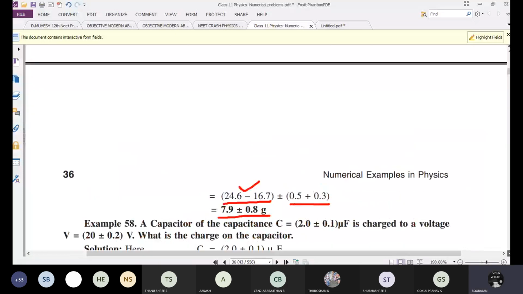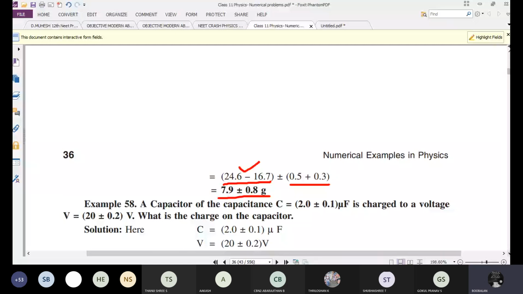Okay. So next problem: a capacitor of capacitance C, the value is 2.0 plus or minus 0.1 microfarad. F means farad. If charged to a voltage V value 20 plus or minus 0.2 volt, what is the charge on the capacitor?